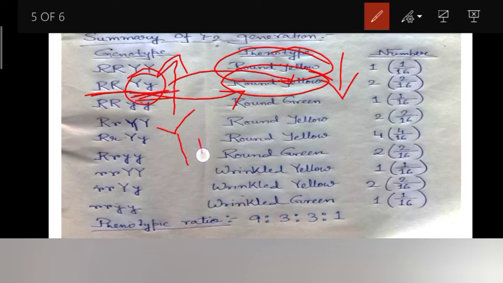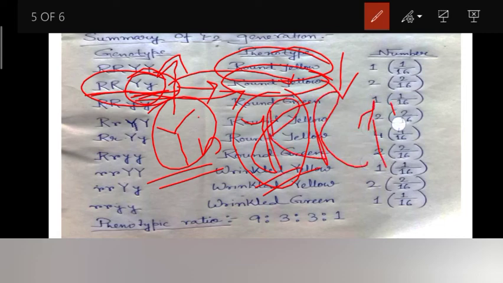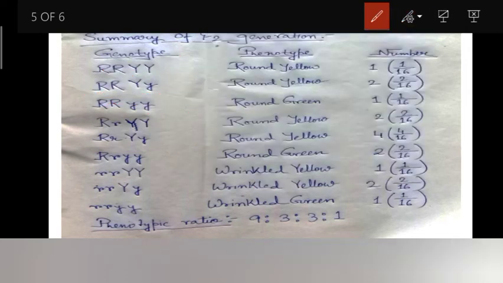Capital Y is dominant over the small y. We know that, we discussed that. Yellow color is dominant over the green color, so it gives round yellow, but genotypically it is different from RR capital Y, but both give same phenotypic characteristics. And from the chart you will get 2 possibilities of this type of genotypic characteristics. So it is 2 out of 16.